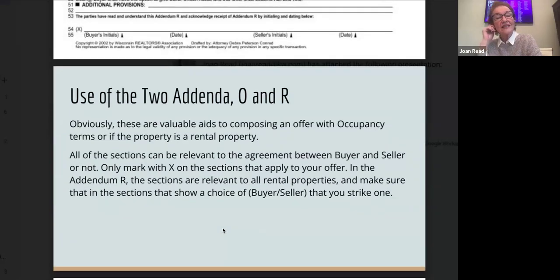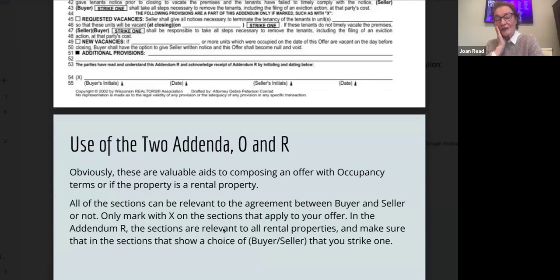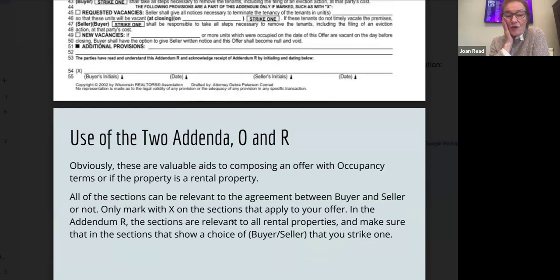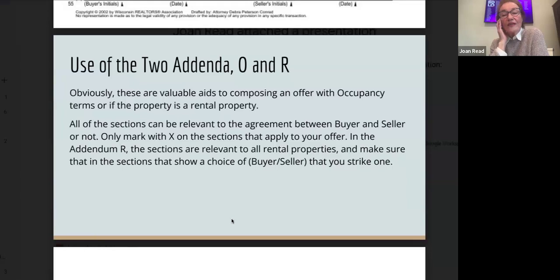And notice that addendum R is an initialed addendum. When a form is initialed, it's really just an acknowledgement of what you want to agree on. So obviously, these are valuable aids to composing an offer with occupancy terms or if the property is a rental property.